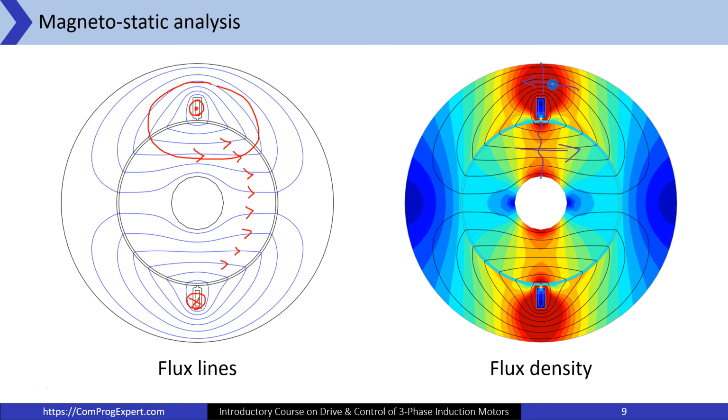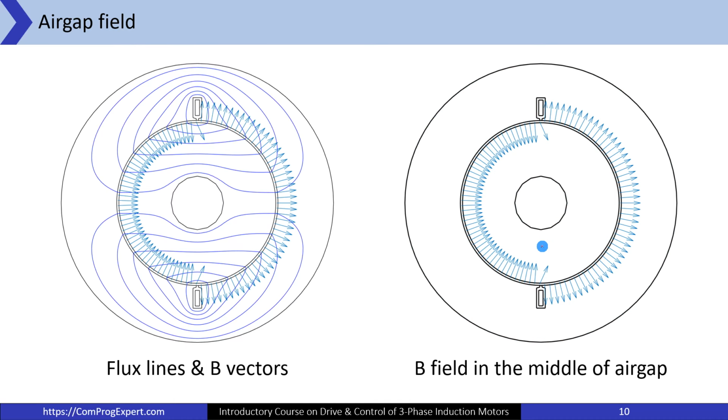So when we have this field solution, we can plot flux density vectors, B vectors, in the middle of the air gap. Here we have both flux lines and B vectors in the middle of the air gap, and in this figure I just showed the B vectors.